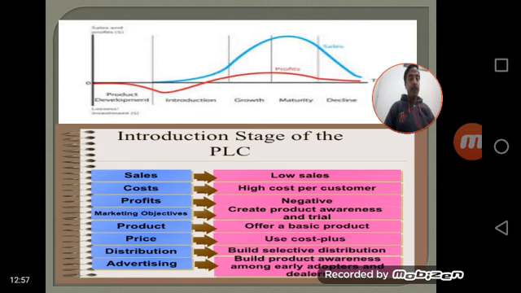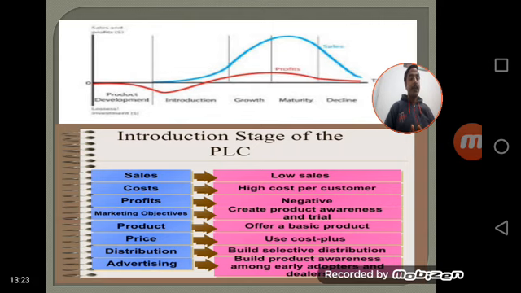Because you have already incurred a huge amount of investment in the development stage, so you want to recover that cost. To recover the cost, the only thing the businessman or entrepreneur can do in the introduction stage is charge higher to the customer, and obviously the profit will be negative.